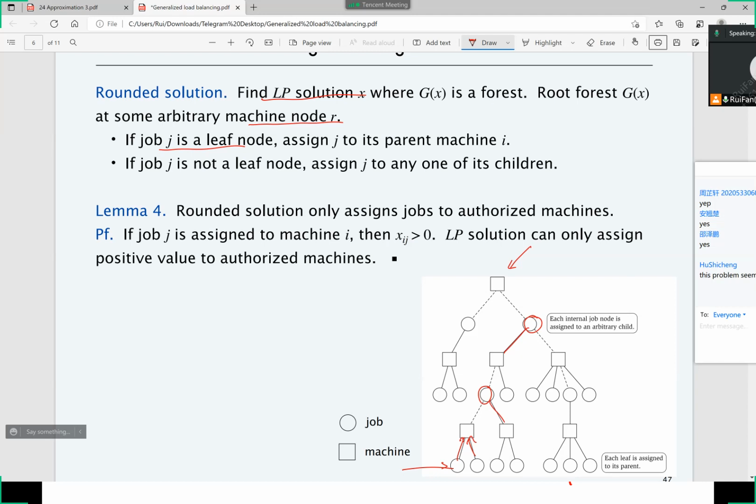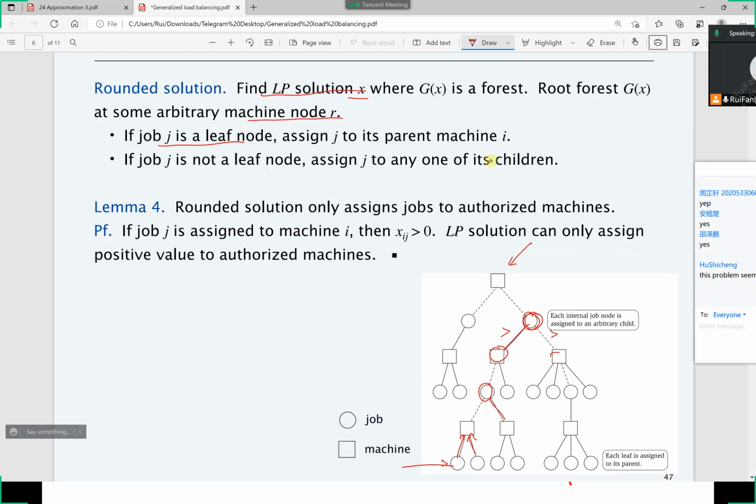Once we've done this, we have an integer solution. Previously, the LP solution might not be integral because, for example, this job might have a positive value on this machine and also a positive value on this machine, which would mean that this job is being partially processed on this machine and also partially processed on the other machine.